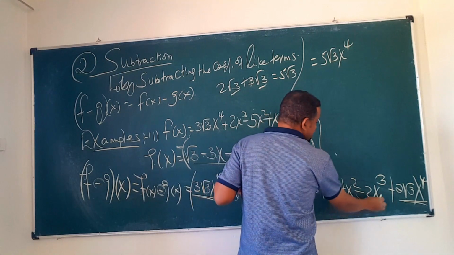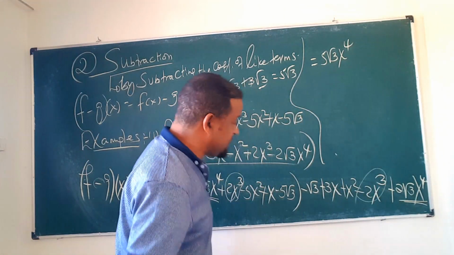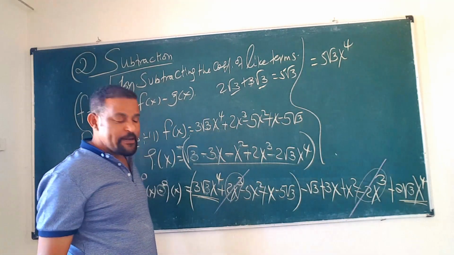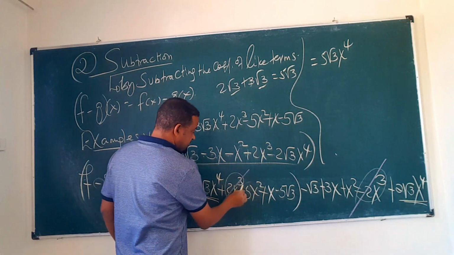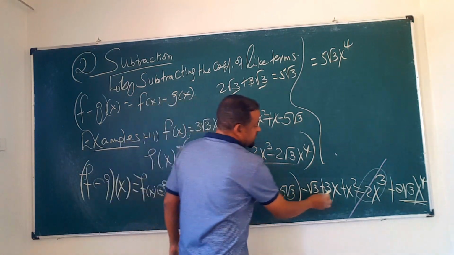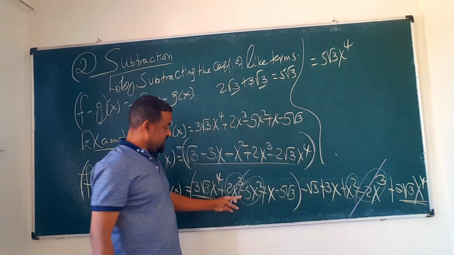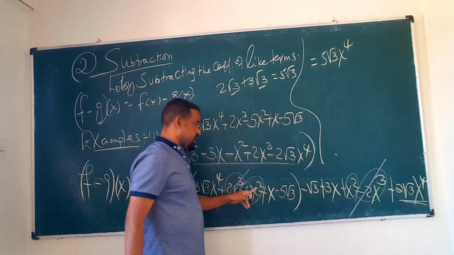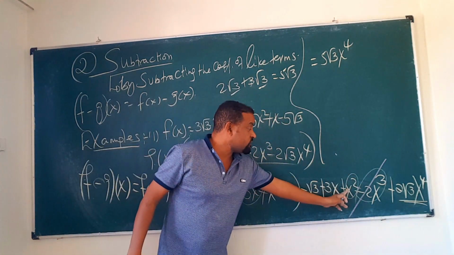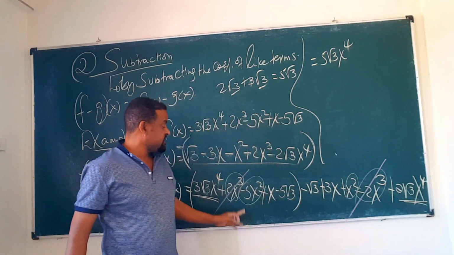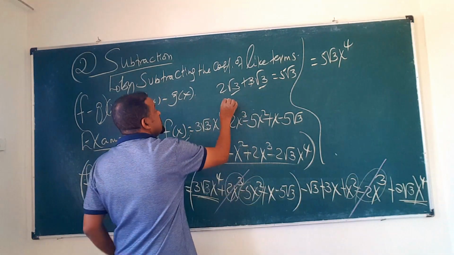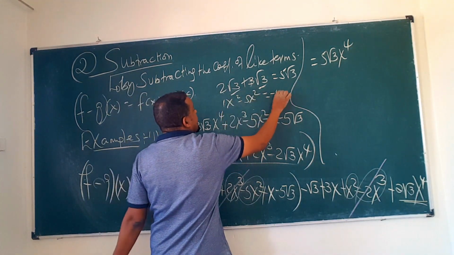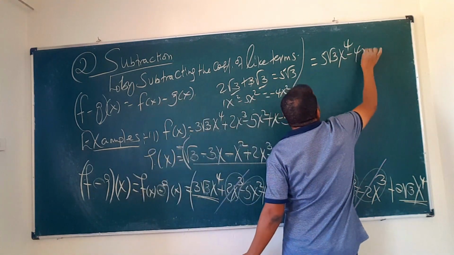Now 2x cubed is here and negative 2x cubed is here, so they cancel out. Next, negative 5x squared and positive x squared: 1 minus 5 is negative 4, so negative 4x squared.